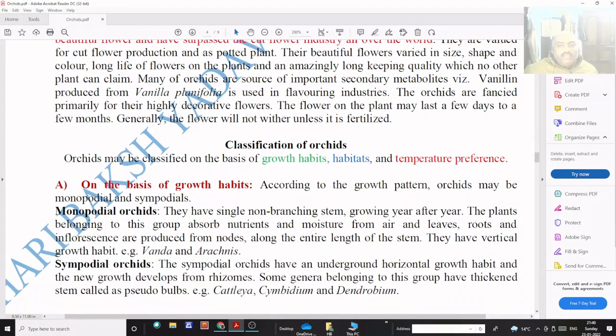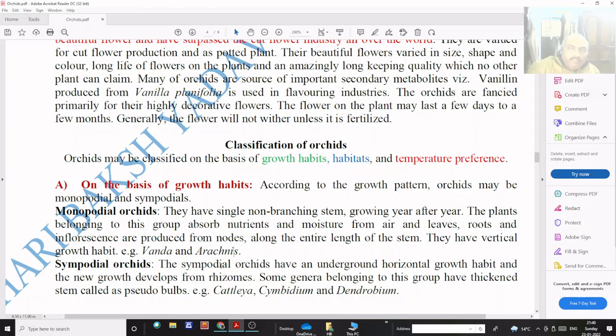Now we come to the classification of orchids. Orchids may be classified on the basis of their growth habit, habitats, and temperature preferences. The first basis of classification is growth habit.